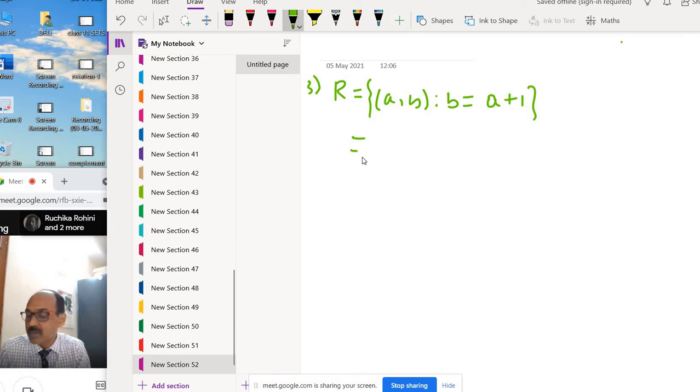The elements are 1 to 6, it is given, and b equal to a plus 1.